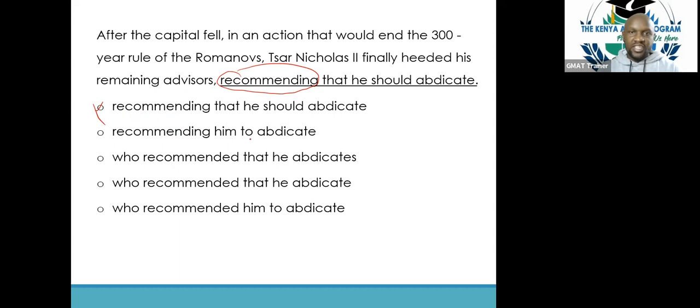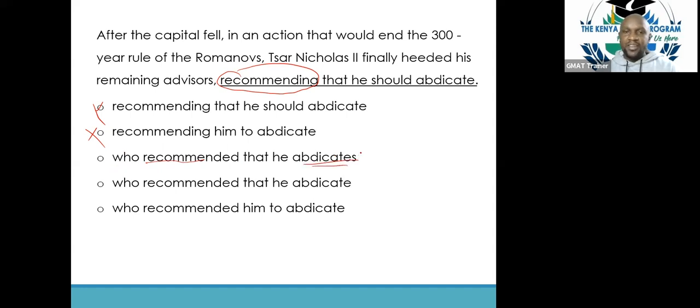B says recommending him to abdicate. Again, it takes the continuous form of that particular verb, so you can eliminate it. C says who recommended that he abdicates. C is okay in correcting the form of the first verb, but then again, there's the issue of the second verb in the sentence here.